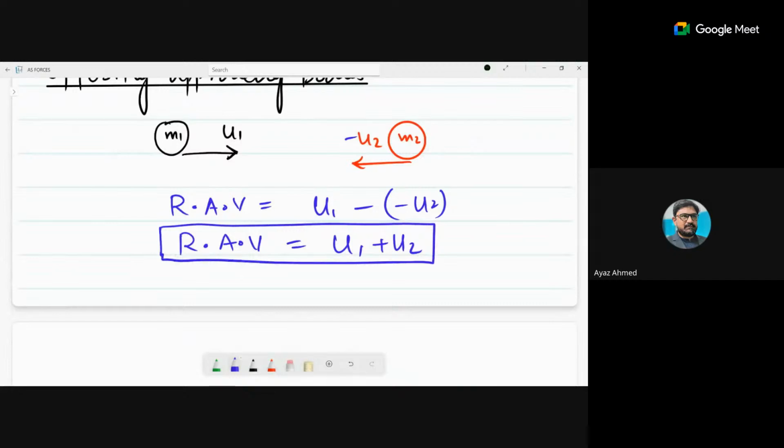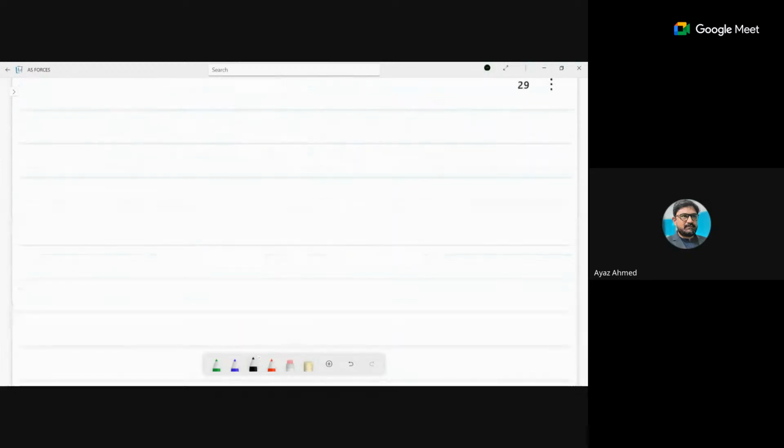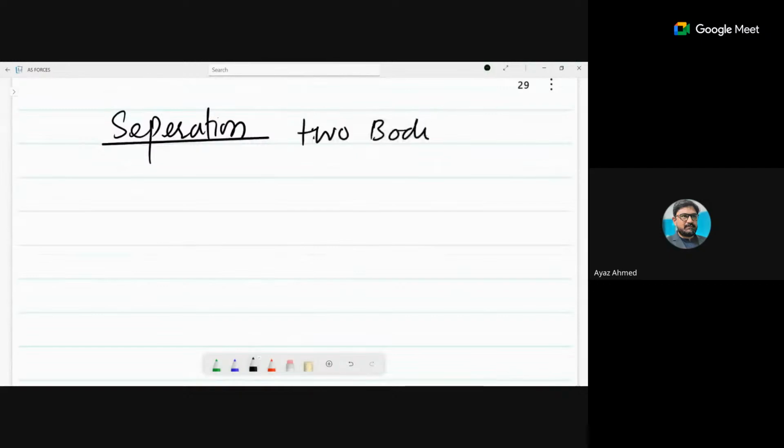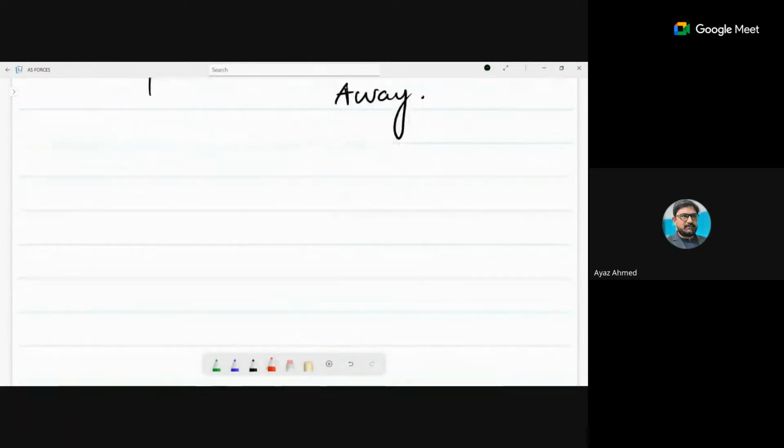Now there is the case of separation. Separation takes place when two bodies are moving away from each other. Let's say this is your m1 moving with velocity v1.